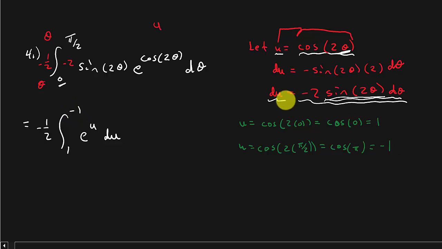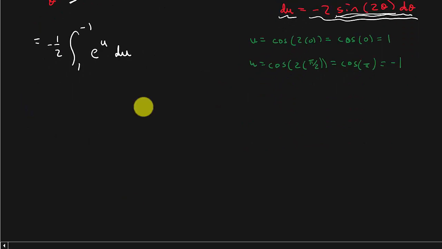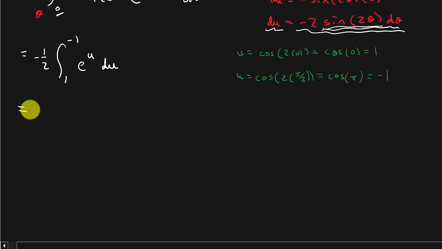All right. Now, you don't have to do this, but I kind of like when I'm working with these things, if I don't have to have a negative in front of my integral, I get rid of it. In this case, you also notice that the limit on bottom is larger than the limit on top. So we can actually rewrite this. We can switch the limits. And if you switch the limits, it changes the sign in front of the integral.